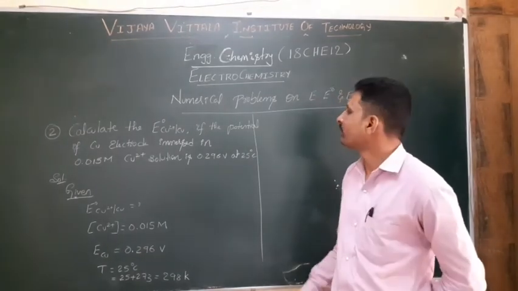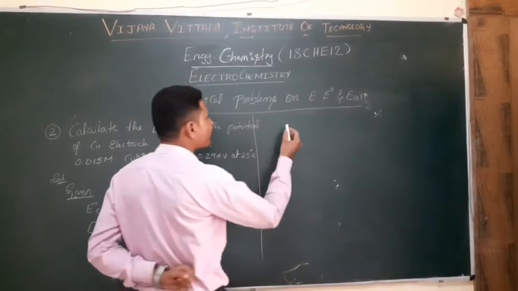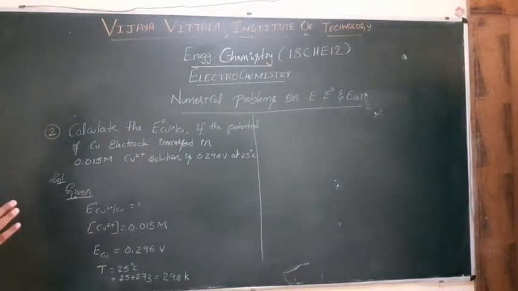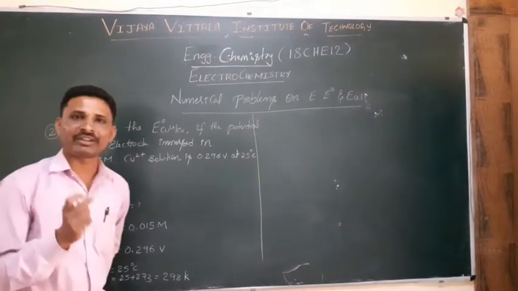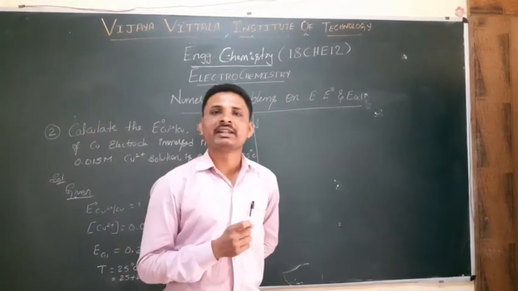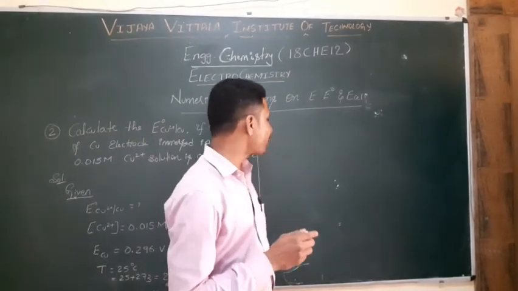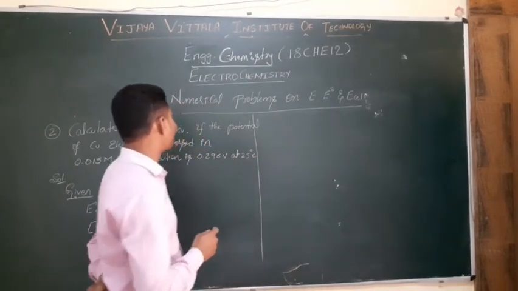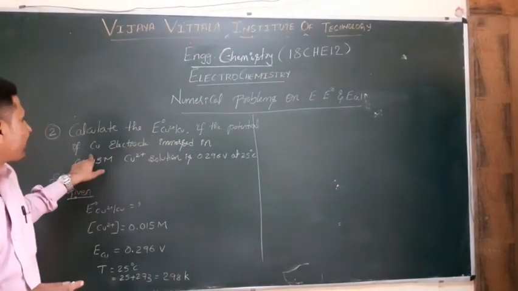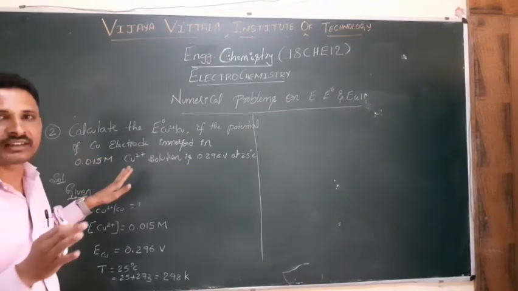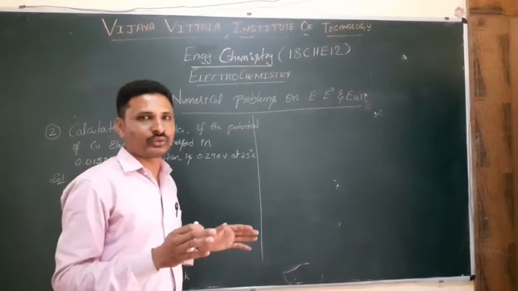Understood? Next, which hypothesis is suitable? We already know the equation to find the electrode potential, so we apply the Nernst equation for a single electrode potential, since only the copper electrode is involved. That means it is a single electrode.